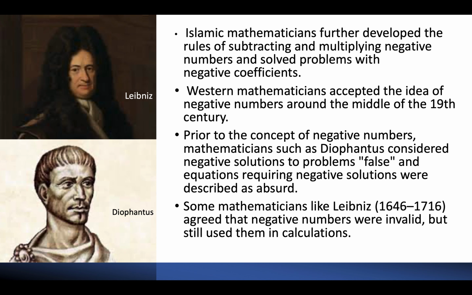Some mathematicians, like Leibniz, who lived from 1646 to 1716, agreed that negative numbers were invalid, but he still used them in calculations. On the left hand side, I've added two pictures. The first one is of Leibniz, and the second one is of Diophantus.